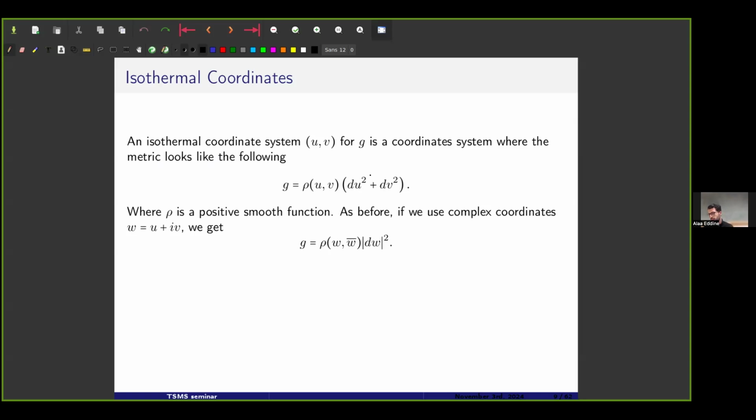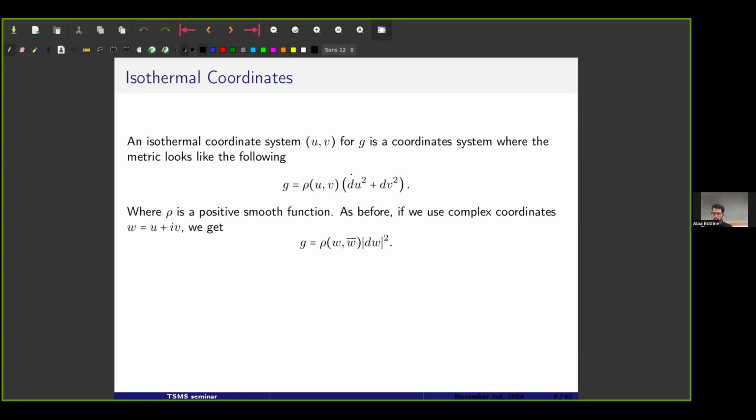And if you preserve this metric, then you preserve Euclidean angles, not distances but angles. And we are going to see that this is sufficient to have a holomorphic map. So if you have a C1 map that preserves angles between two domains in C, then it is holomorphic.